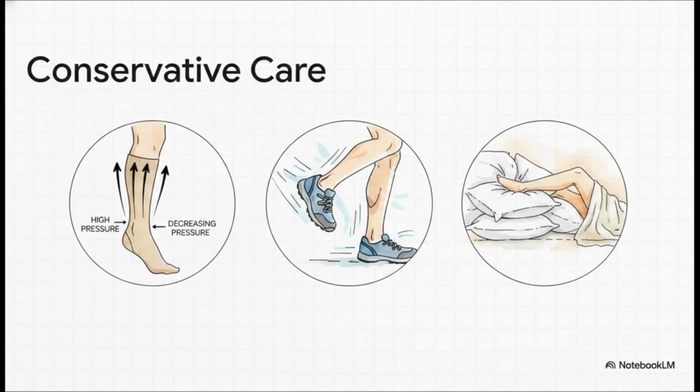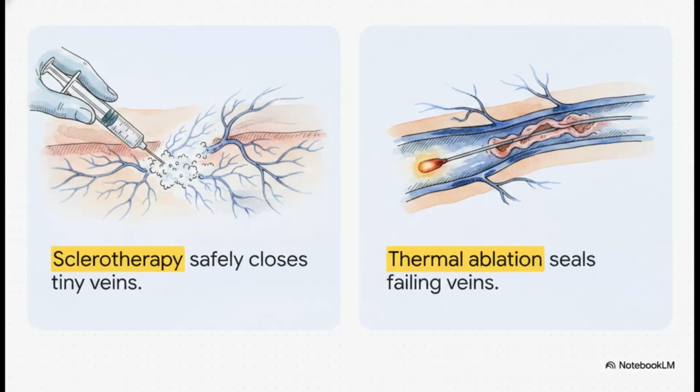Combining those with daily walking to fire up that calf muscle pump, elevating the legs above the heart for just 15 minutes a day, and avoiding prolonged sitting, doing these things can drastically relieve symptoms and slow the progression of the disease.